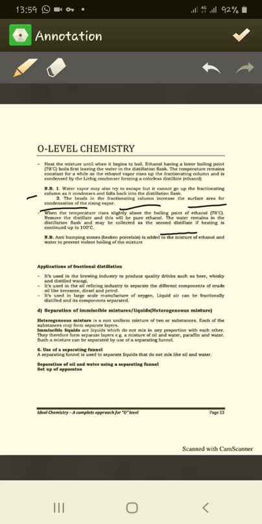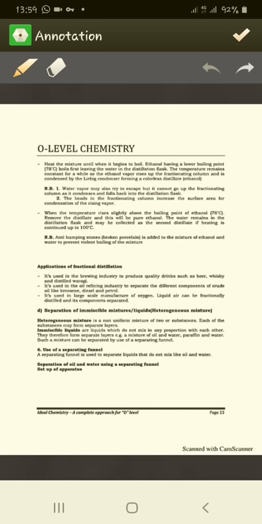And the bumping stones are also in the distillation flask to prevent violent boiling of the mixture.